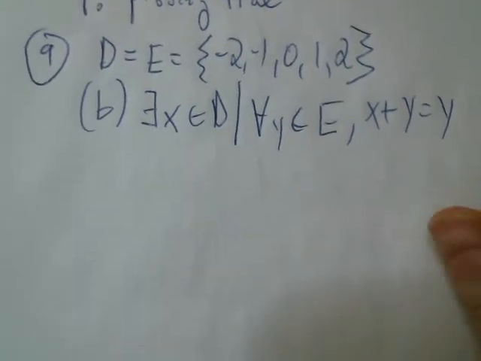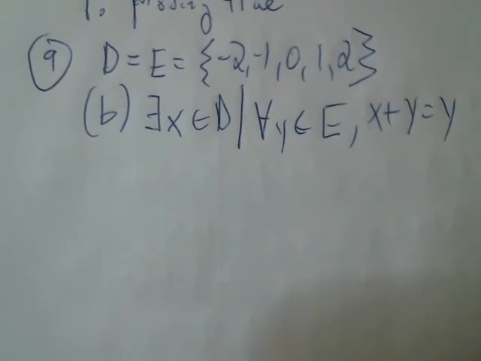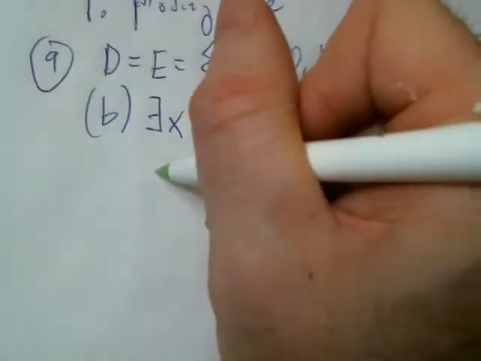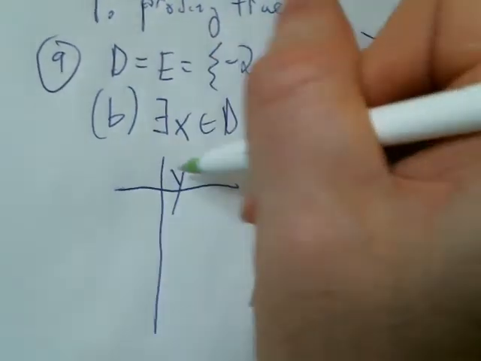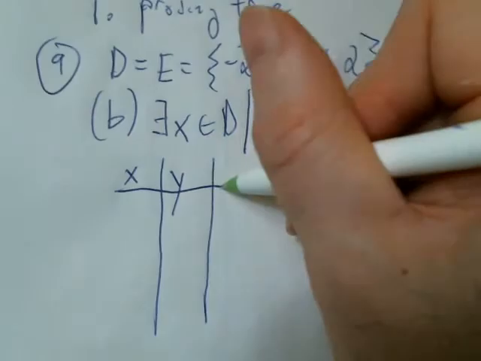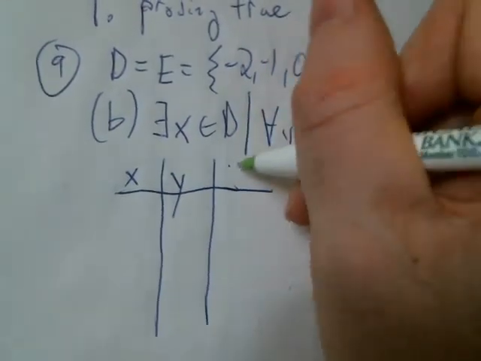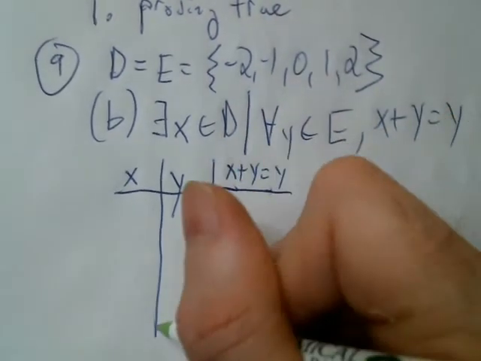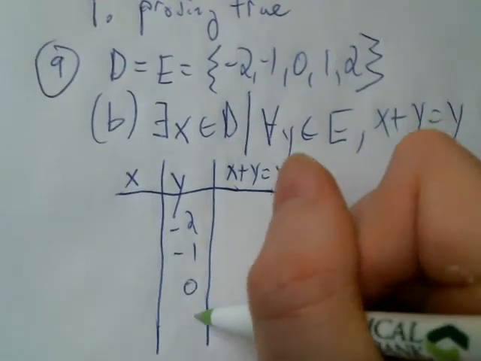Usually when I'm doing the homework, honestly, I'll just do it in my head. But like I said before, you want to be careful so you don't lose points on tests. So a table is a good way to go. So anyways, this time I'm looking for an x, a corresponding x for every y in this set such that x plus y equals y. So the values for y: -2, -1, 0, 1, 2.